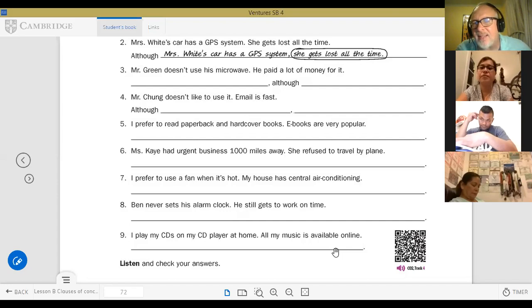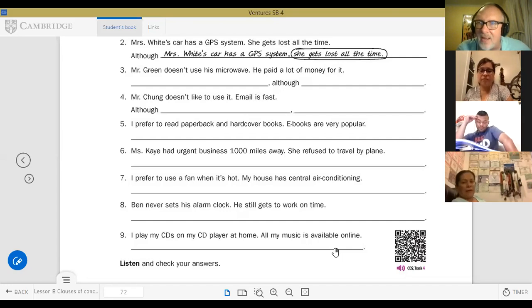And in this case, if I was going to use despite, I would use a gerund. Despite never setting his alarm, Ben still gets to work on time. That's what I would do, I would use a gerund.